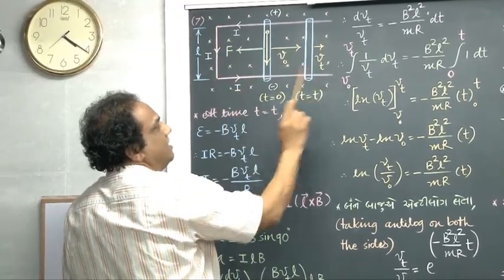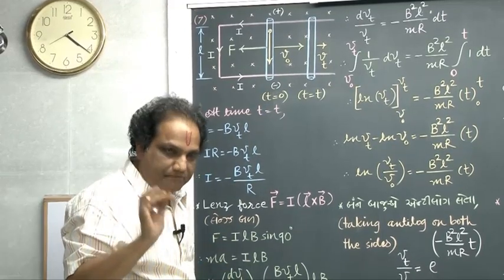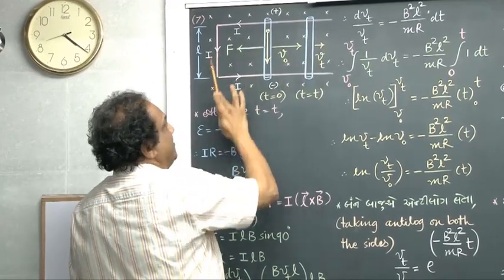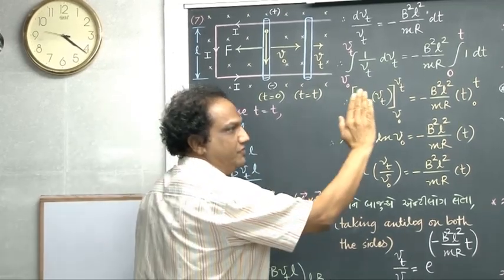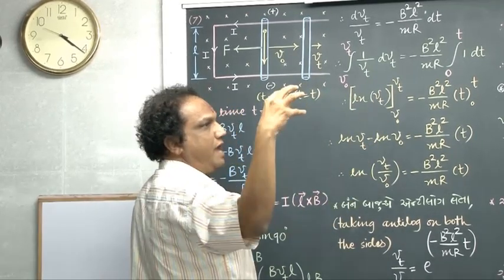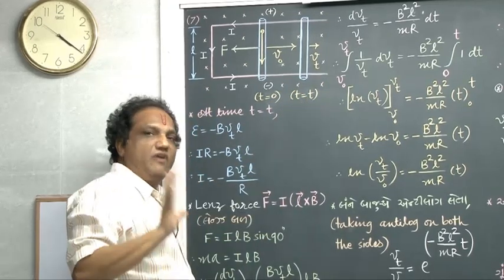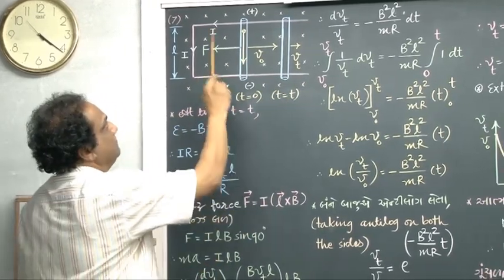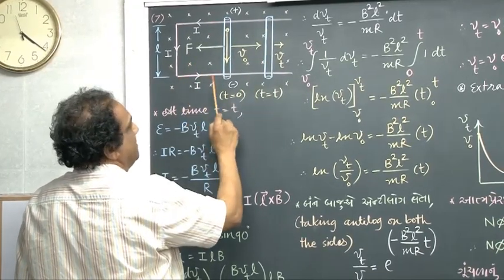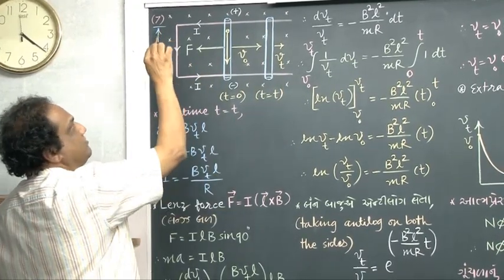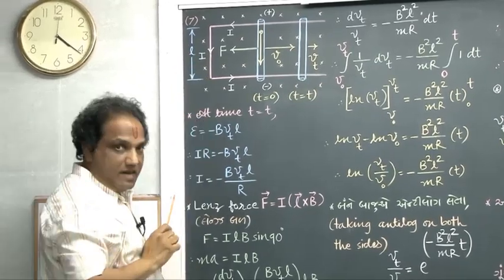shaped conducting frame, and the plane of that frame is like this, correct, which is perpendicular to the applied uniform magnetic field. And now these two are the parallel sides, okay, and the perpendicular distance between them is, suppose, small l.